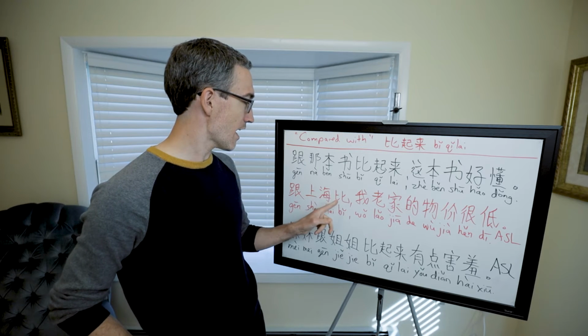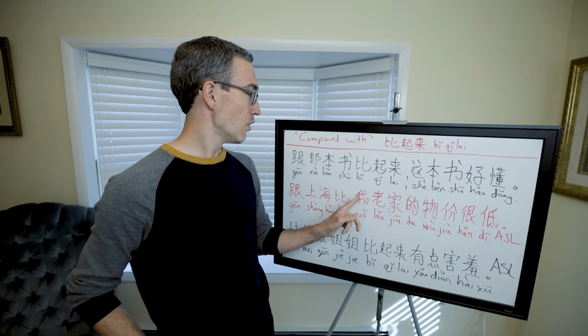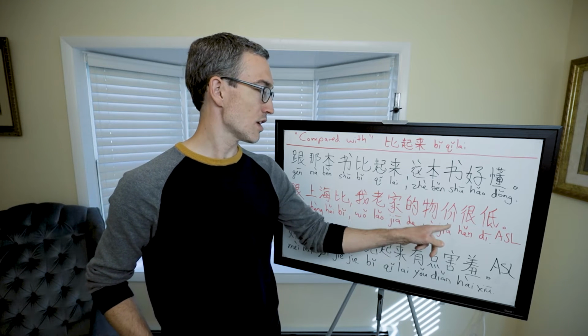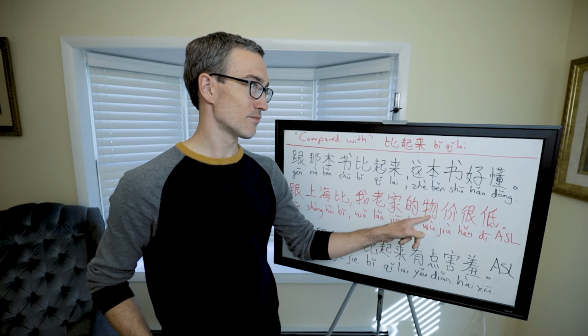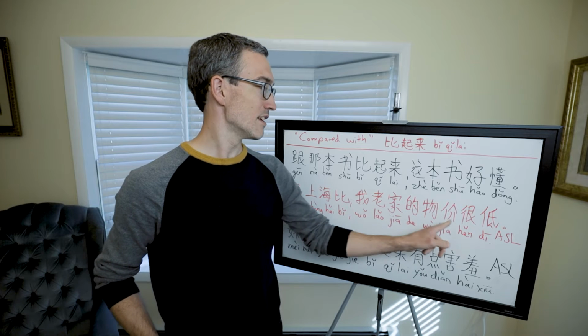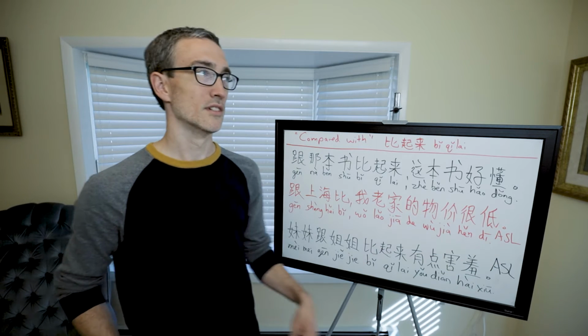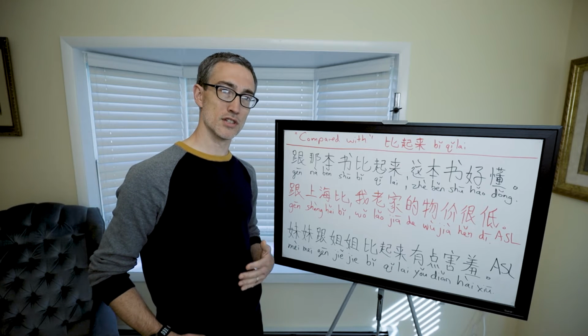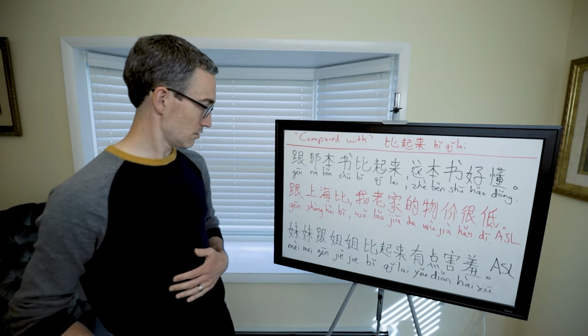So compared to Shanghai, 我老家, my hometown, 的物价, that's the price of goods. The price of goods in my hometown is very low. Compared with Shanghai, in most places the price of goods would be very low.